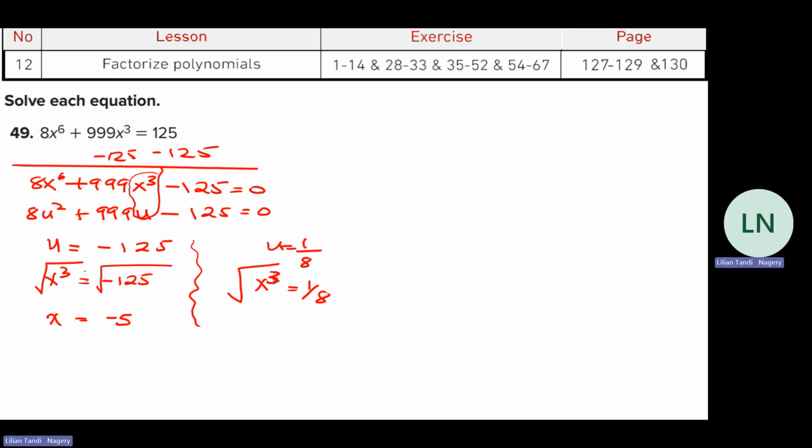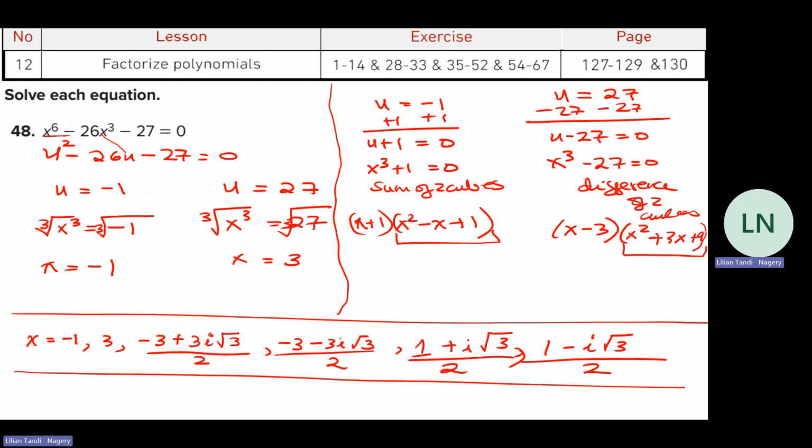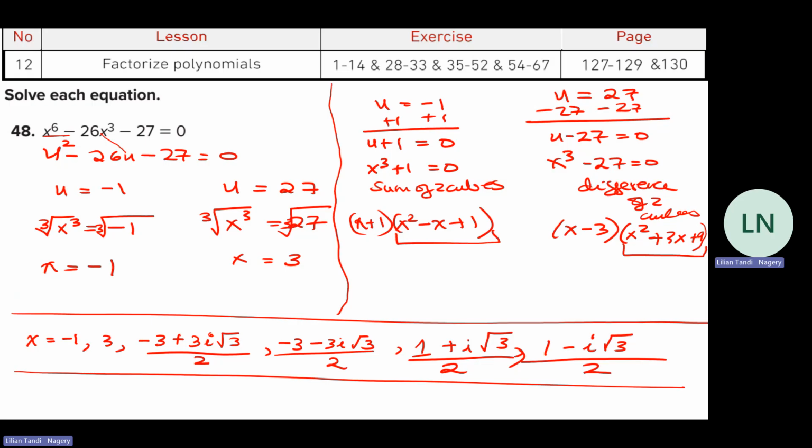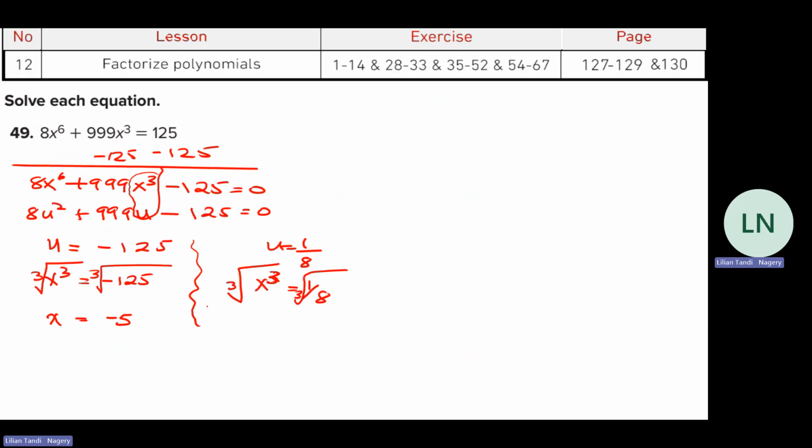You're going to cube root both sides. Make sure you cube root, don't square root, cube root. Okay, let's see if I did the same thing. Yes, see, I did correctly. Here I made a mistake. This should be cube root. Okay. All right. So when you cube root here, you should get x equals 1 over 2.